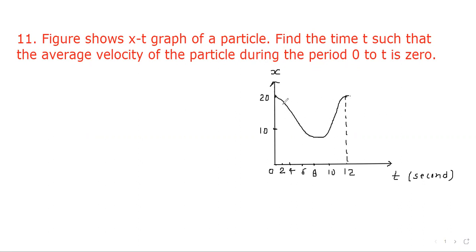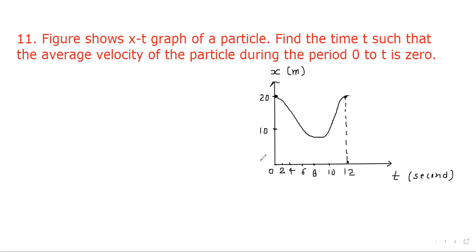So we try to find the initial displacement here. This is 20 meter, and at this point, again the displacement becomes 20 meter. So we have to find out the corresponding time for this purpose. Time corresponding to 20 meter is 12 seconds.